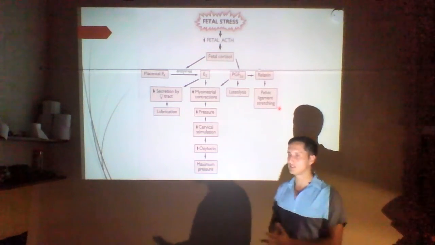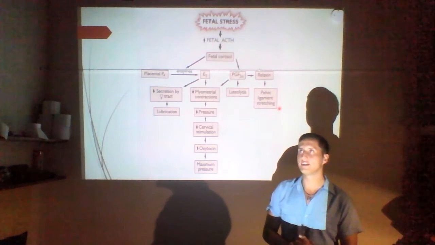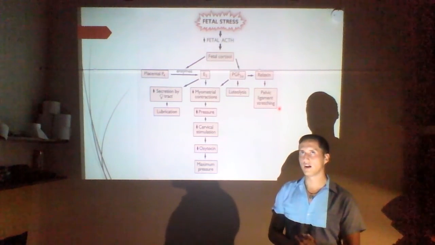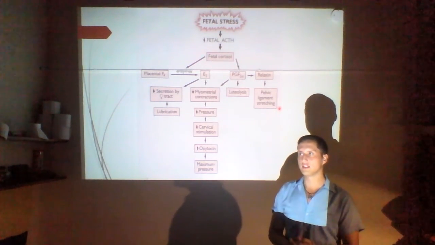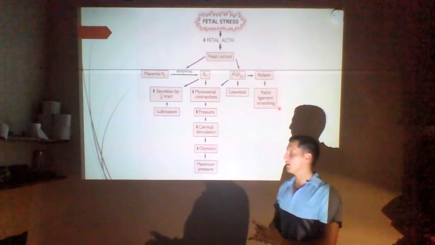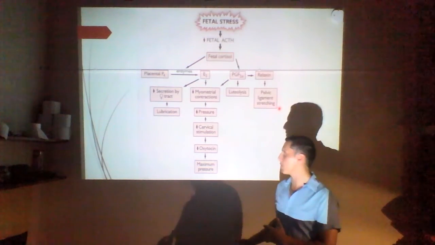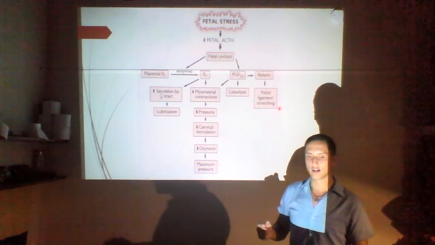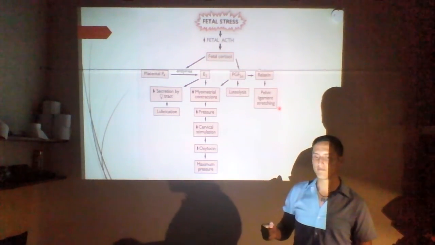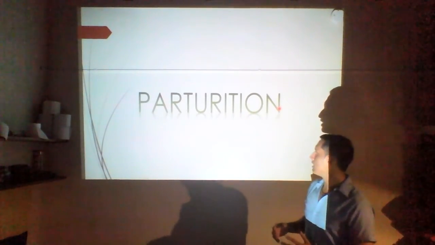So it's really important that the neonate takes in around 4 liters of colostrum in the next 12 hours. After the neonate has been born, there's of course another process called the puerperium, as my friend was telling you. The puerperium. Next.